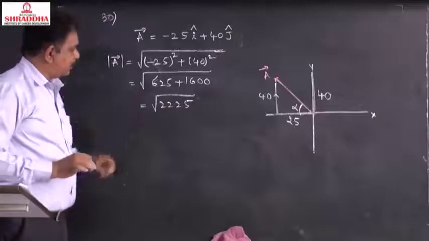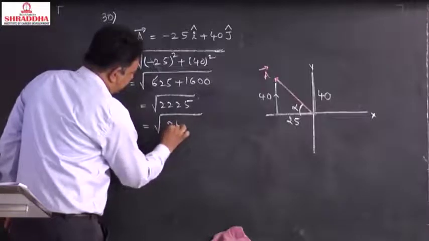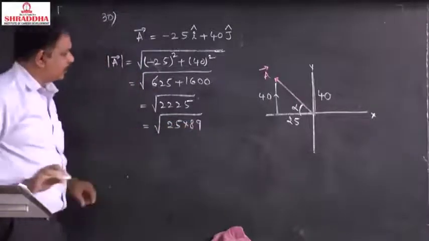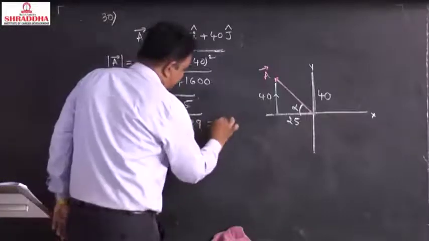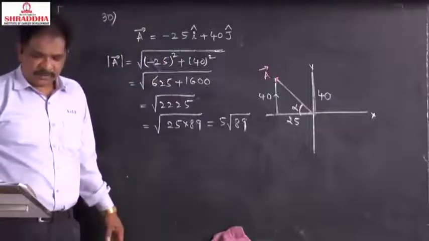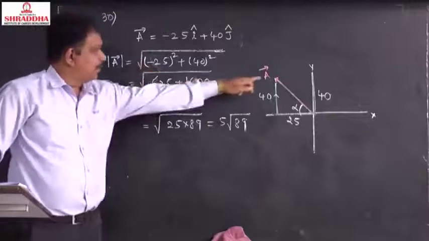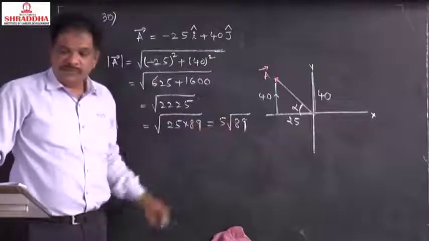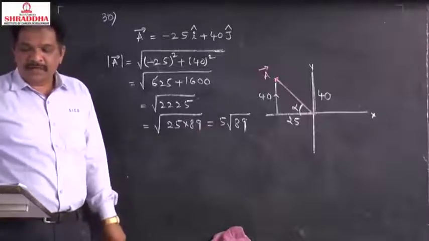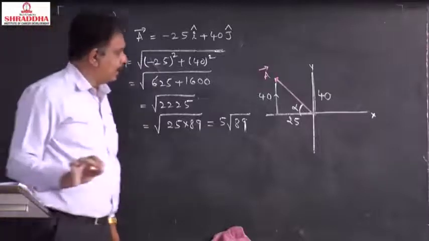I am writing this one in this format. 25 into 89. So this value 5 into root 89. Clear? So what is the magnitude of this vector? 5 root 89. So answer will be in between A and B options.